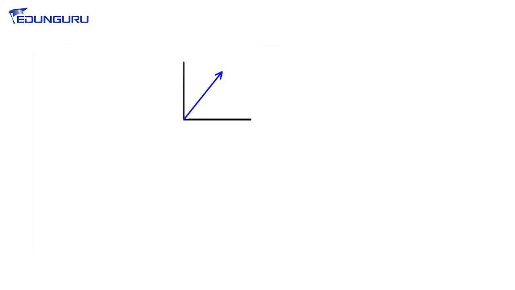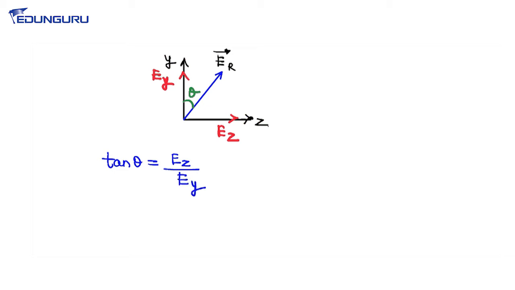If this is the resultant electric field Er, this is the y-axis and this is the z-axis, then along this direction there will be the Ey component, and along this direction there will be the Ez component. If this angle is theta, then tan theta is equal to Ez upon Ey.